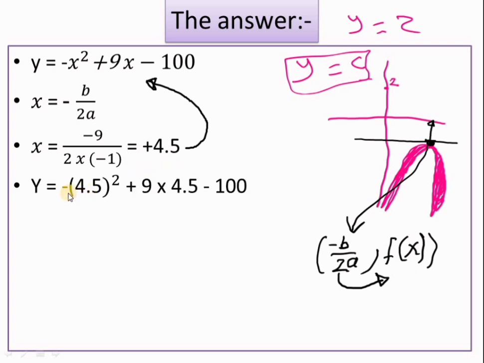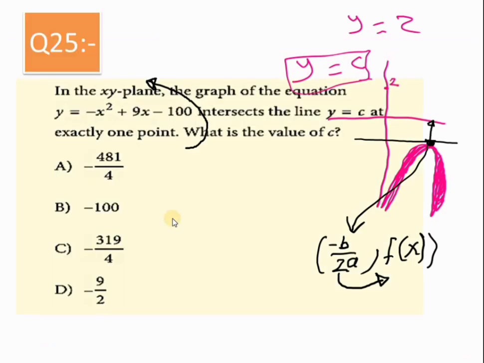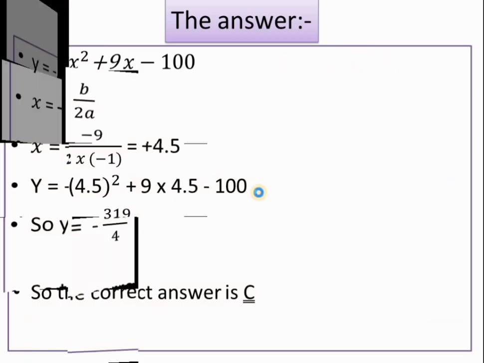As you see, negative 4.5 power 2 plus 9 times 4.5 minus 100. After calculation, you will get y equals negative 319 over 4, which is also the value of c. And back to the question, we will find that choice C is the correct one.